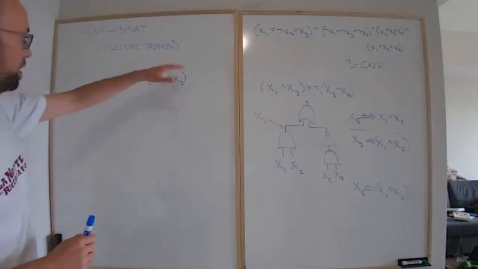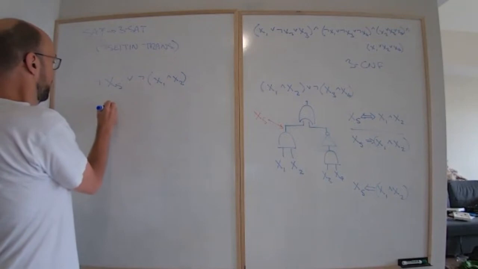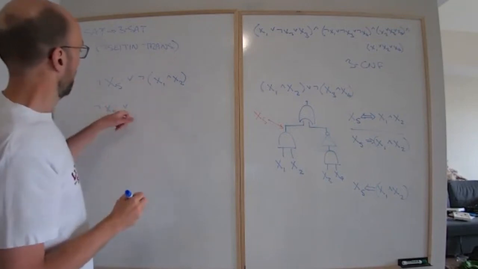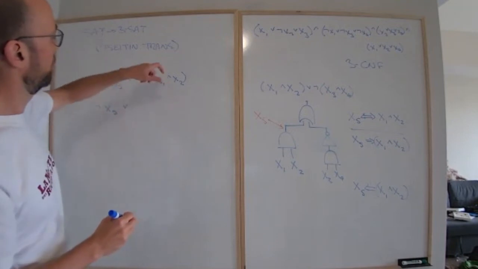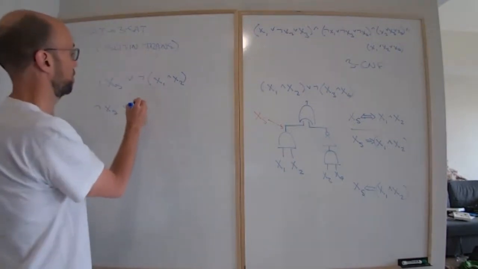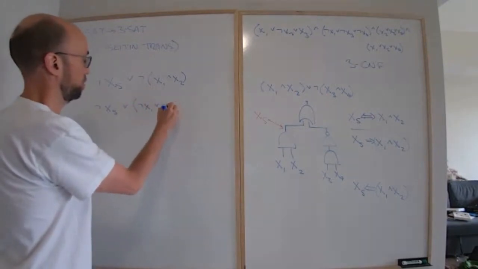And so by De Morgan's laws, this is not x5 or not x1 or not x2.